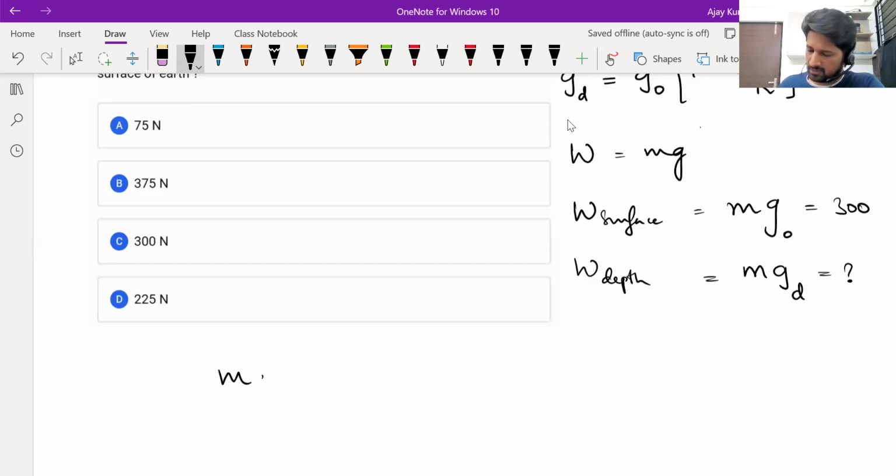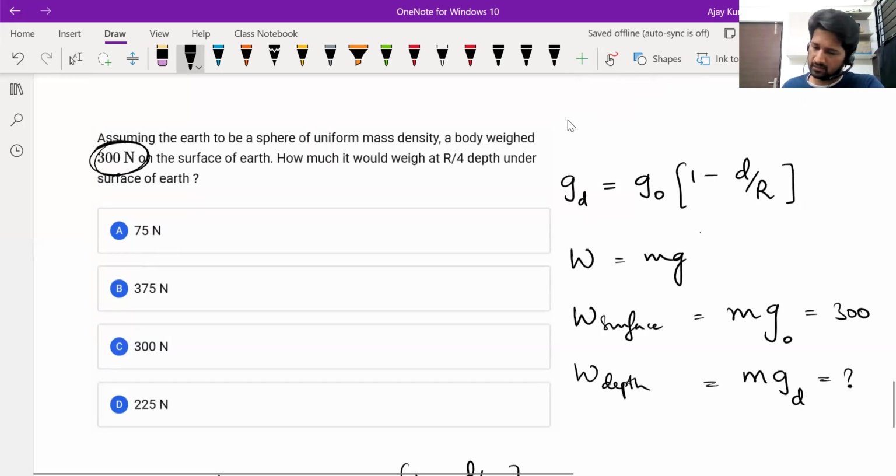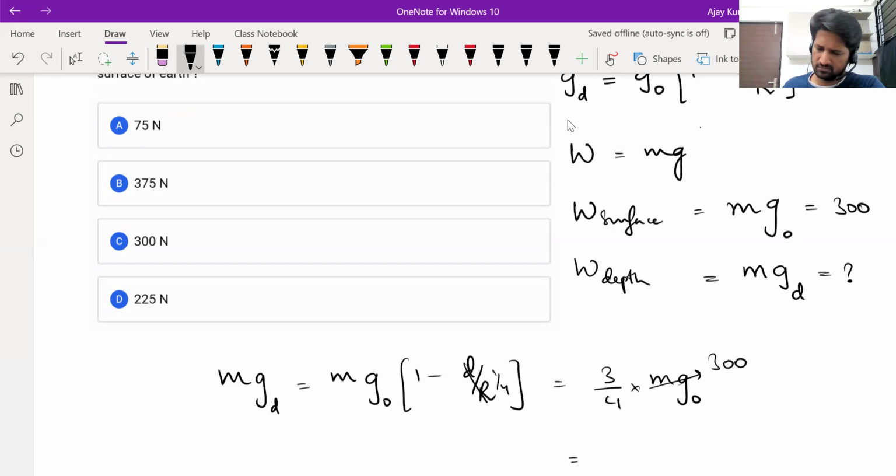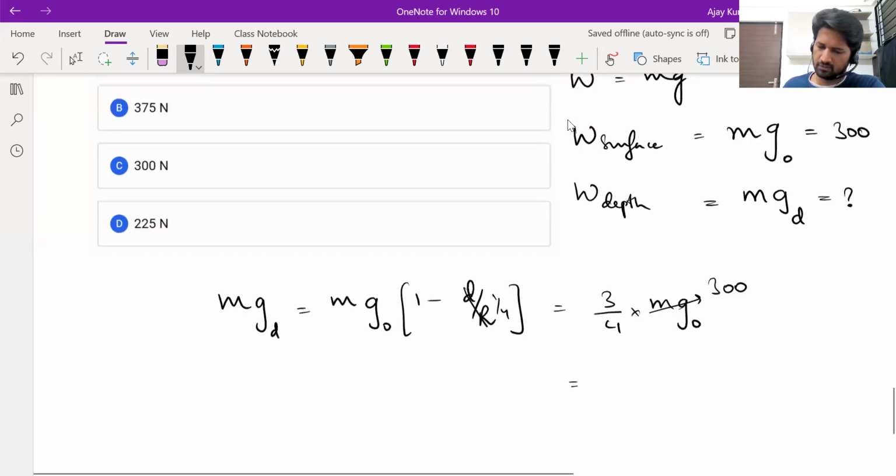So we need mass multiplied with gravity at a depth, that is mass multiplied with gravity on the surface into 1 minus d by r. And what depth have they given? R by 4. So this becomes 1 minus 1 by 4, which is 3 by 4. So 3/4 of weight on the surface. Weight on the surface is 300. 3/4 of 300 will be 75, 75, 75, 225.